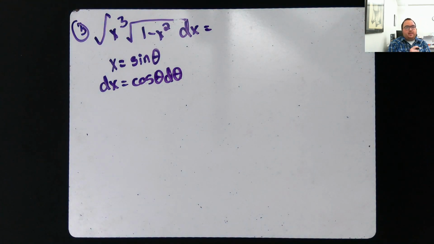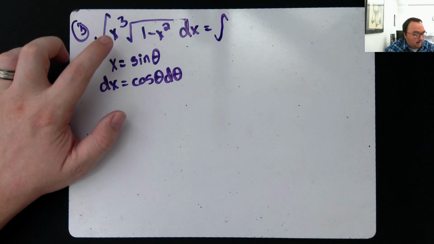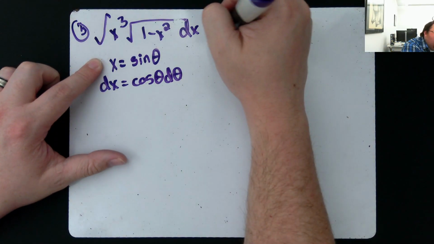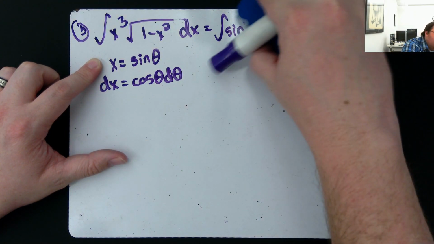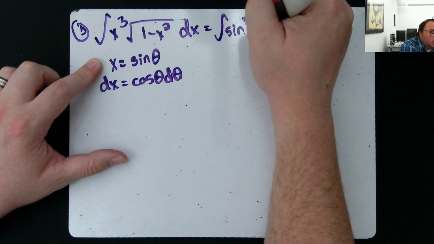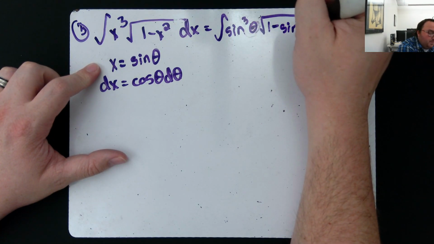Let's work on rewriting this. X cubed, which would be sine cubed, because that is x cubed, not squared. Sine cubed theta, square root 1 minus the x squared, so sine squared theta.